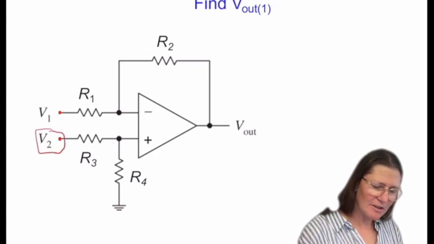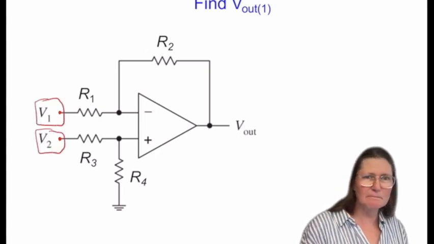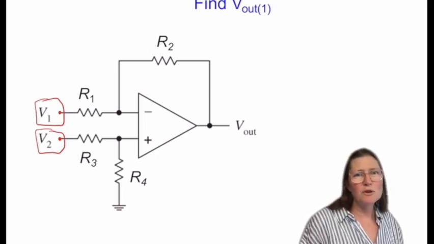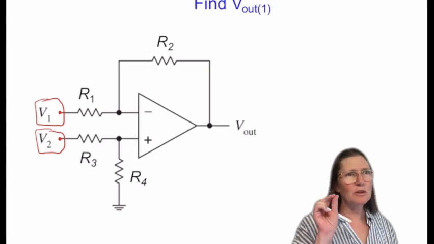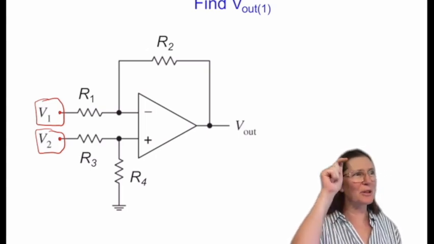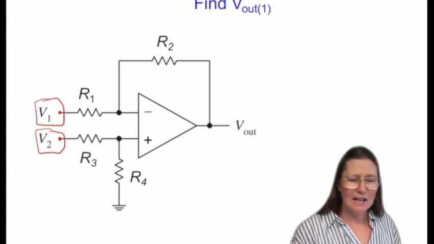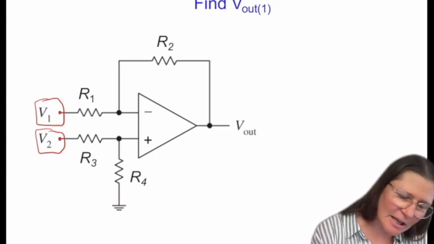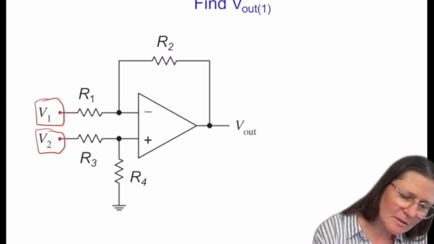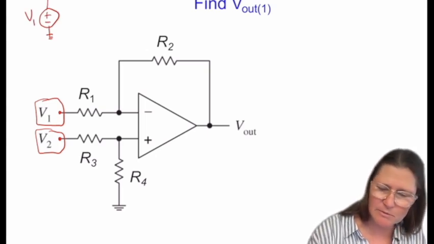This is tied to this one, and this is tied to this one. So remember when you see this symbol that's just a wire sitting there with a voltage label on it, that means that it's the same as a voltage source connected to that same location.